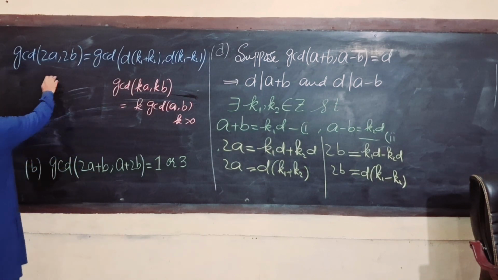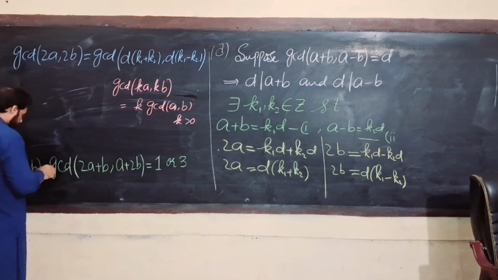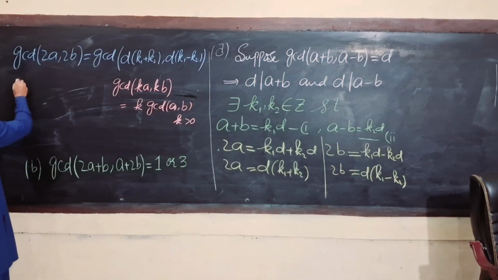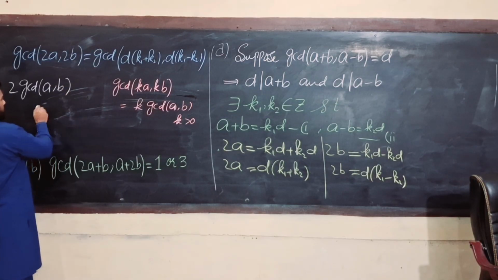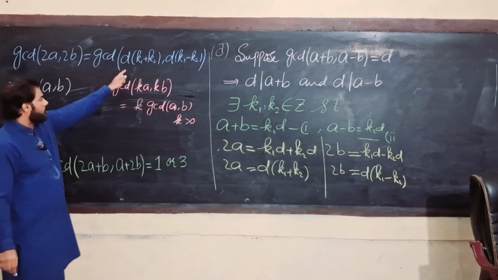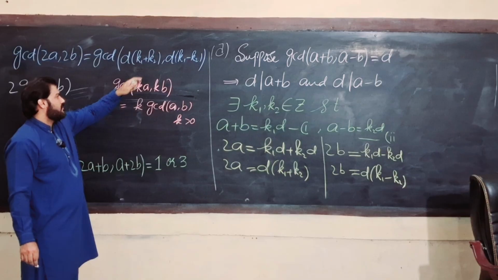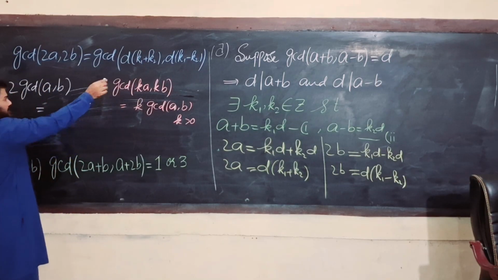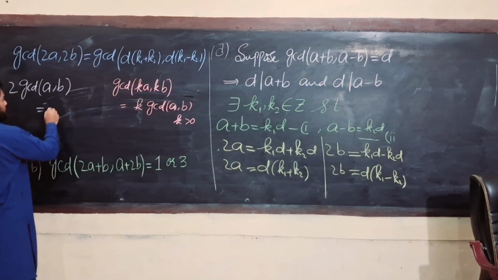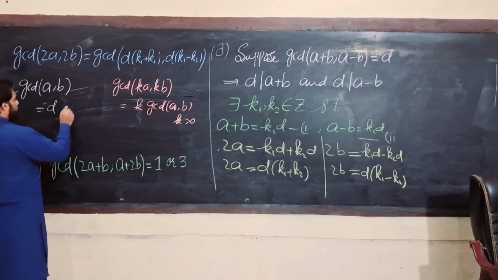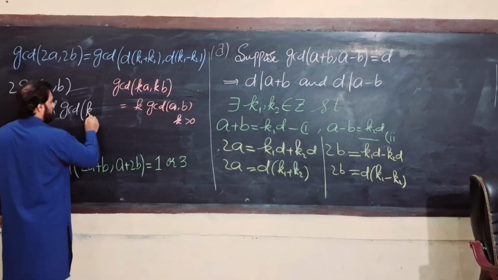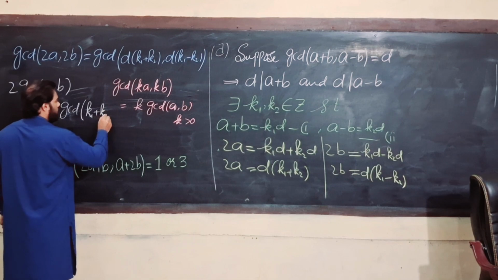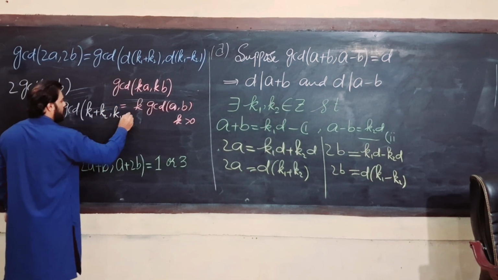So applying this property, our k is 2 here. So we can write it as 2 times GCD of A comma B is equal to, the same property we can use for the right side, this becomes D times GCD of k1 plus k2 comma k1 minus k2.